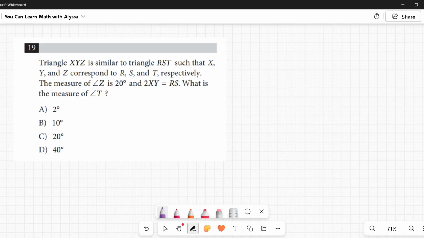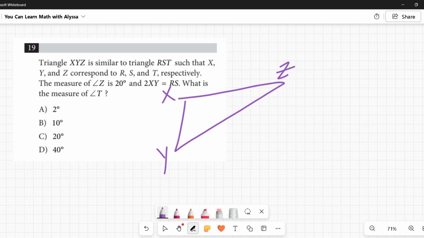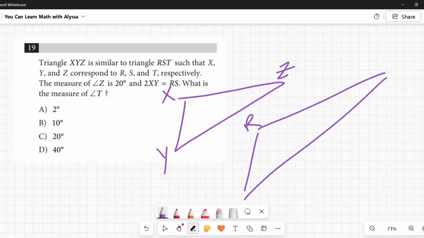So I have triangle XYZ, and I'm not really drawing this to scale. I'm just drawing a triangle XYZ, and I have this other triangle RST, and I'm just drawing two similar triangles.